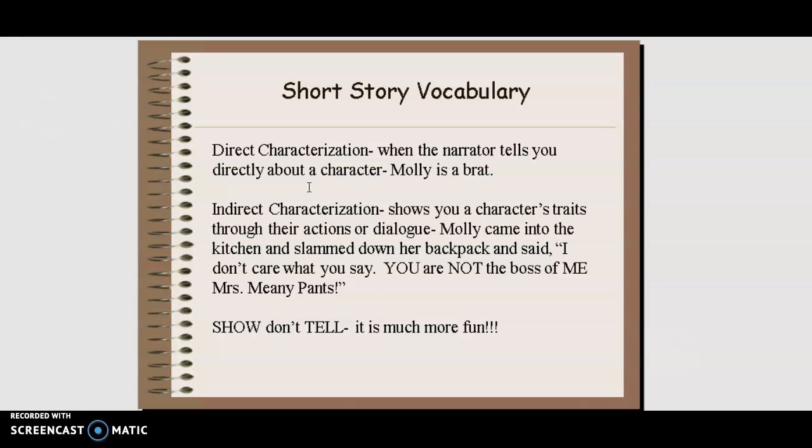You are not the boss of me, Mr. Minipants. So we have direct characterization when the narrator makes a narration about the character. It's something very popular in our stories, and indirect is when we have dialogues.